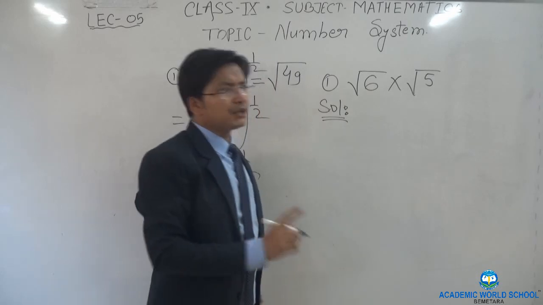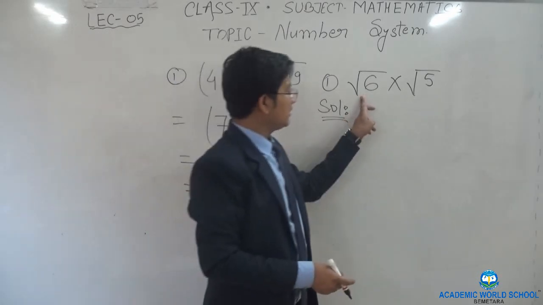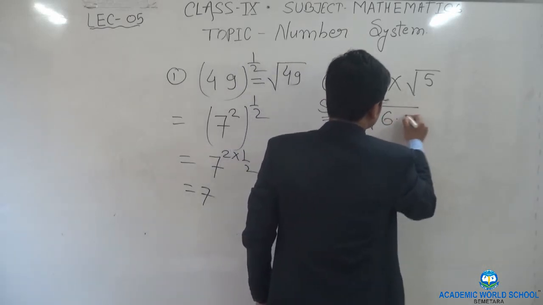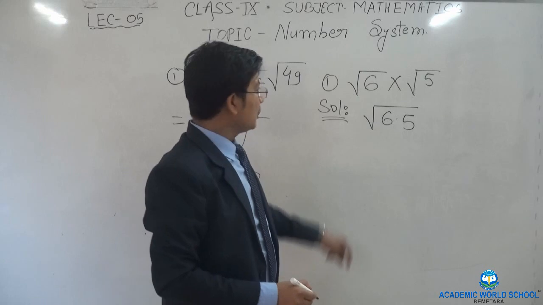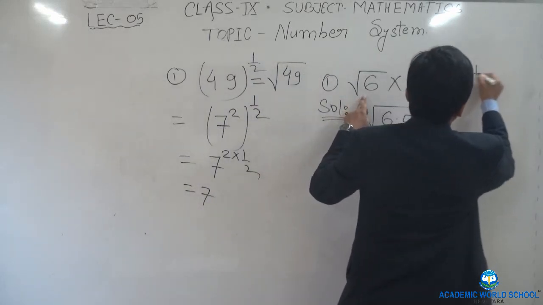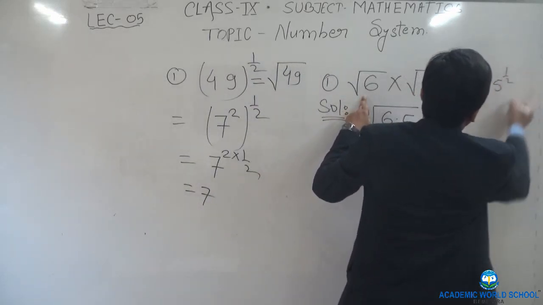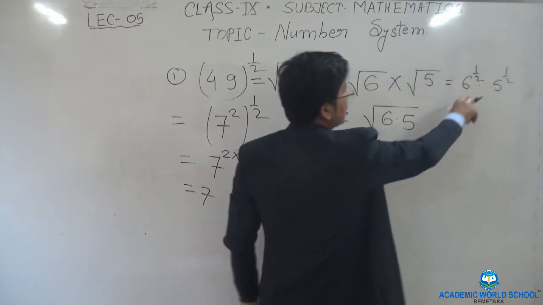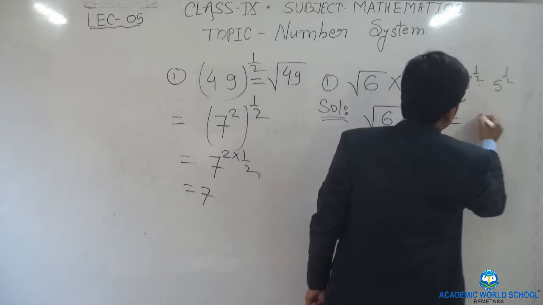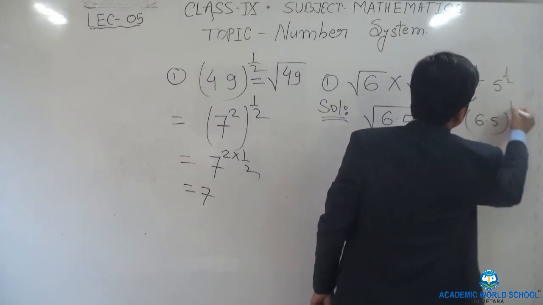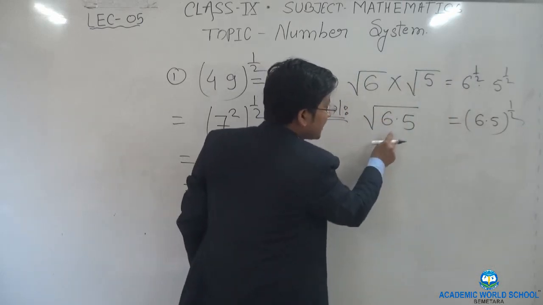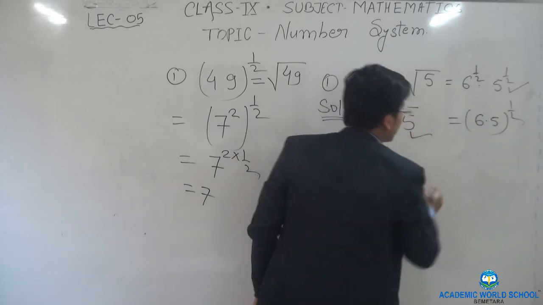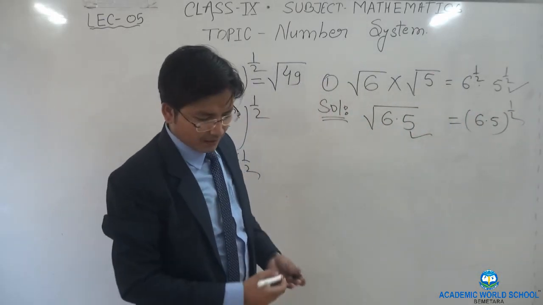This is root, this is also root, so I can write this as 6 to the power 1 upon 2 and 5 to the power 1 upon 2. And we have studied that this will be equal to 6 into 5 whole to the power 1 upon 2. Whether you solve it this way or that way, both are the same.